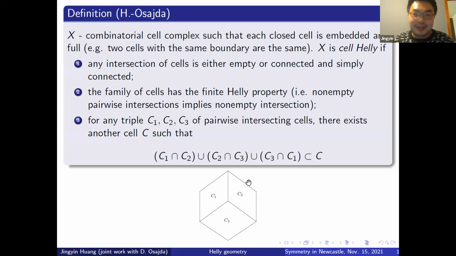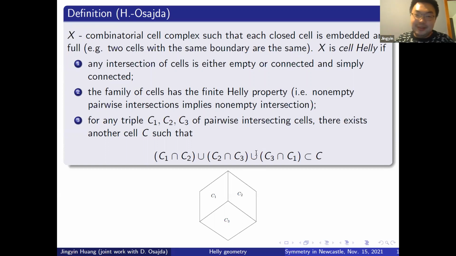So in the end, we show that these Sageev complexes are cell Helly in the sense of this definition. But this is still further away from what we really want for non-positive curvature, because if we think about the definition of CAT(0), it's a continuous version of non-positive curvature, and a global notion of it. It basically tells you that no matter how large your triangle is, you can always compare it.